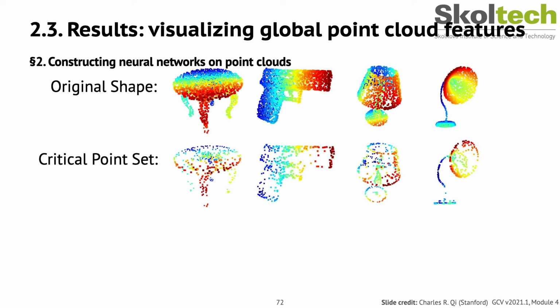Contributing points are denoted the critical point set in the middle row. If we visualize the critical points for the 4 sampled objects shown here, we can see that critical points are capturing contours and skeletons. These are the points that, during classification using PointNet, give maximum activations inside the network.